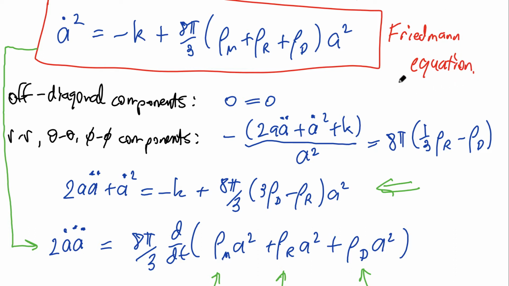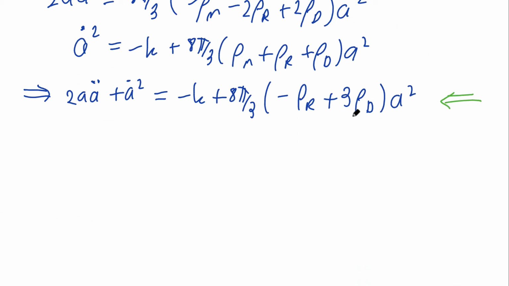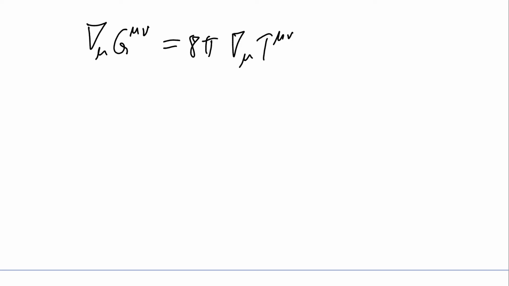Of course, we shouldn't be surprised that the various components of the Einstein equations are not independent from one another. You'll recall that the components of the Einstein equations are linked together by the equation del mu G mu nu equals 8 pi del mu T mu nu. The left-hand side here is 0, always 0, by the contracted Bianchi identity.